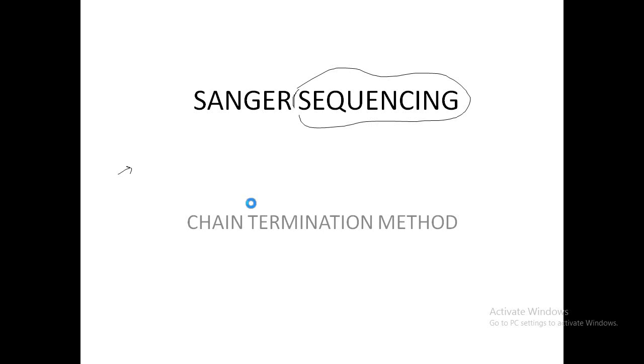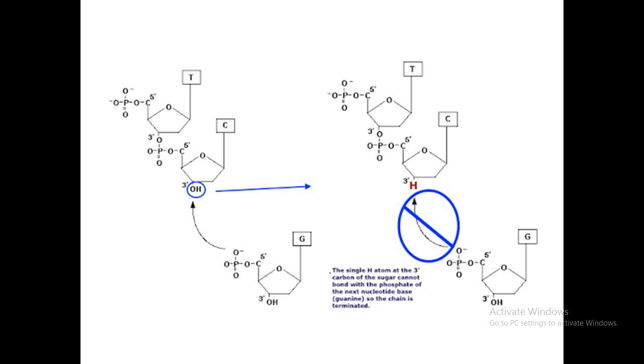So we know that the sequence of DNA is extended in a 5 prime to 3 prime direction. That means any new base that is going to be incorporated in the DNA will be added at the 3 prime position.